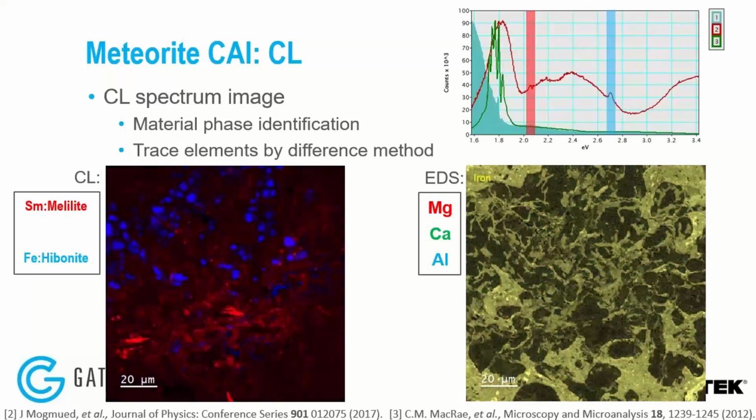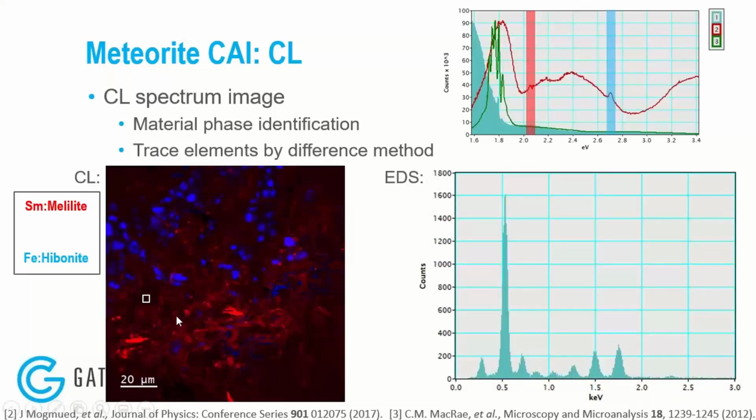Just as a sanity check, to make sure that we're able to actually pick up iron, here's the EDS iron map. We're going to pull a spectrum from this point where we have a high influence of iron, and over here where we have supposedly very little, because that's not melilite over here. So we're just proving that we can detect iron in some abundance.